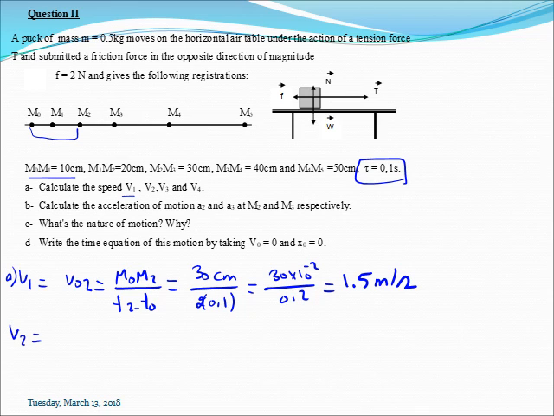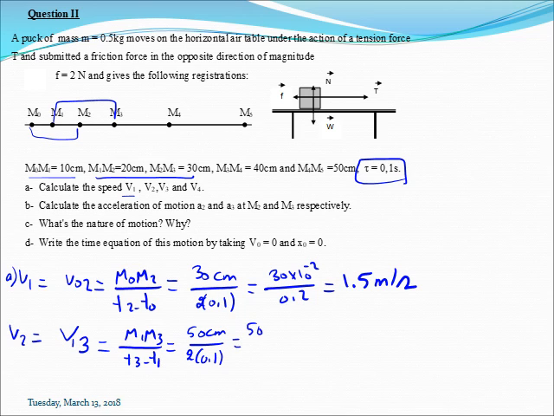V2 is equal to V13, which is M1 M3 over T3 minus T1. M1 M3 is equal to 20 plus 30, 50 centimeter over 2 times 0.1, equal 50 times 10 power minus 2 over 0.2, 2.5 meter per second.